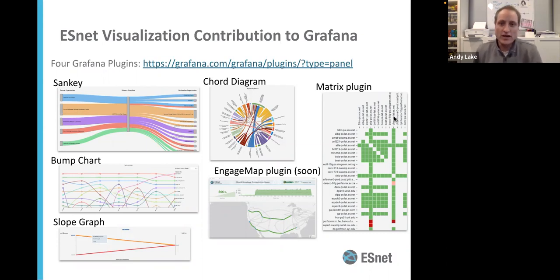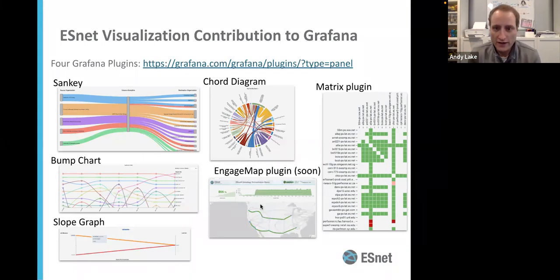They provide some CLI commands and environment variables that pull those in automatically. 5 of the 6 here have already been accepted by Grafana, so if you go to their official plugins page, you will see those. The only one that is not, because we're still working on it, is this map plugin that I'll show.